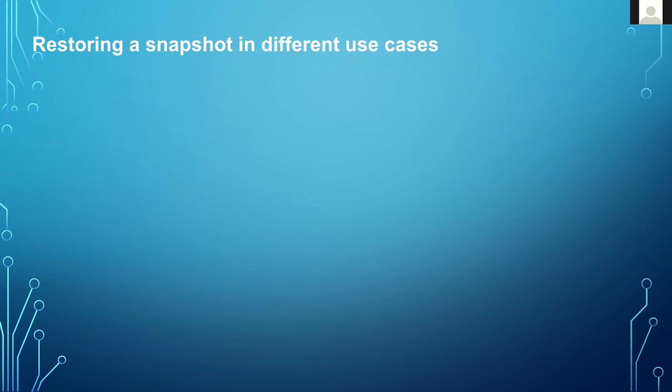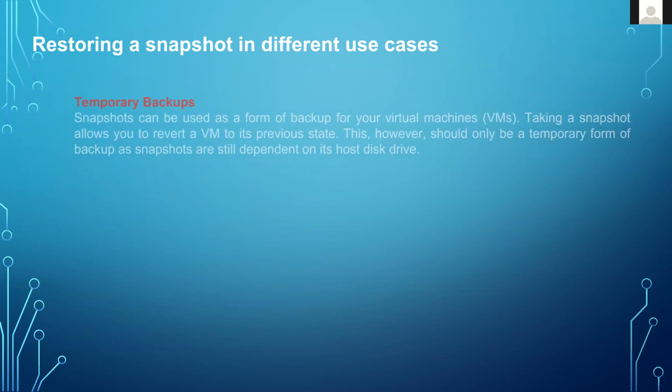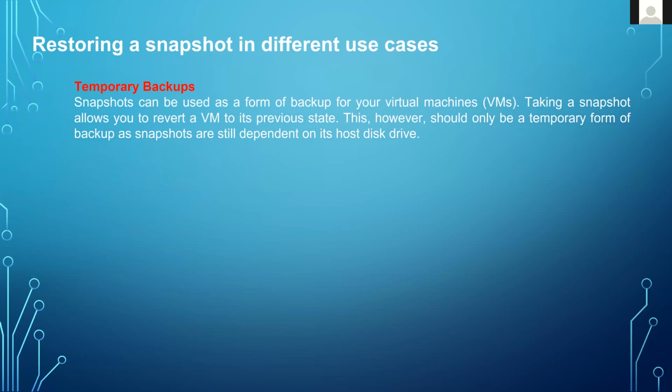In which cases do we have to restore a snapshot? We already discussed that this is just a temporary backup. This is a use case: if you want to keep a temporary backup of your virtual machine, you can keep it, and if you want to restore it, you can restore it.